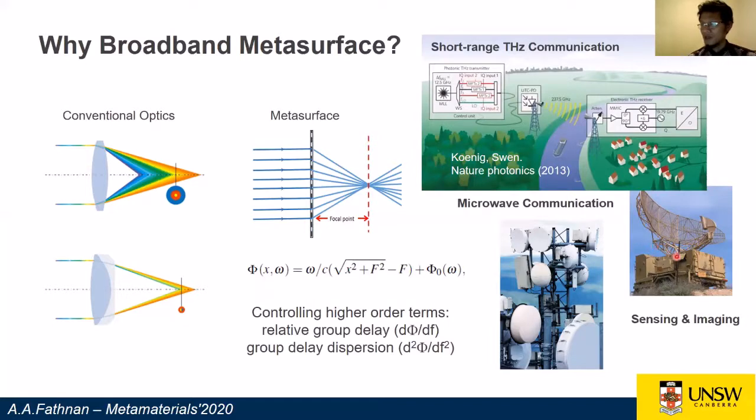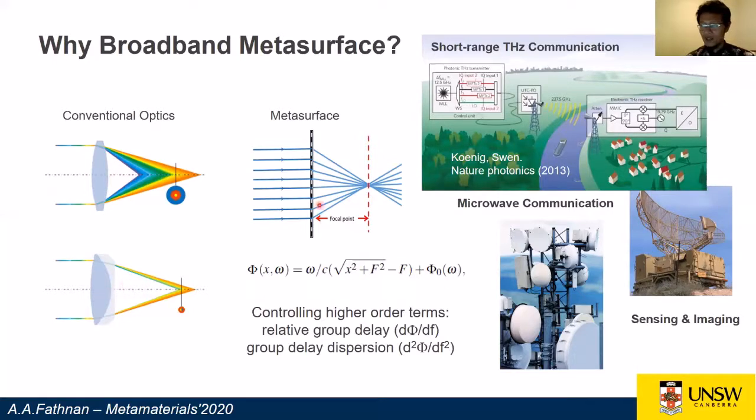One solution that we can use is the wavefront manipulation offered by metasurfaces. In some applications, the metasurface needs to work independent of frequency. For example, a lens needs to maintain the same focal length over a broad bandwidth. In conventional optics, this can be realized by combining two individual lenses, called achromatic doublets.